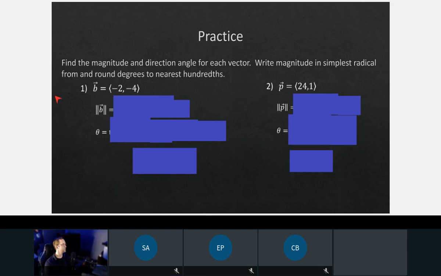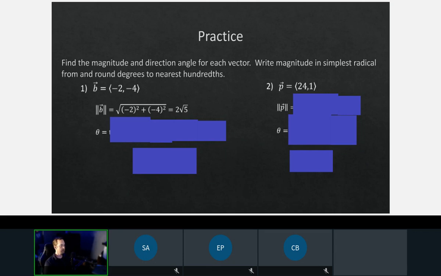A minute and 10 seconds is really not a lot of time to work this out. But yeah, it is 2 rad 5. Don't forget the parentheses around the negatives. It does matter when you type it in.